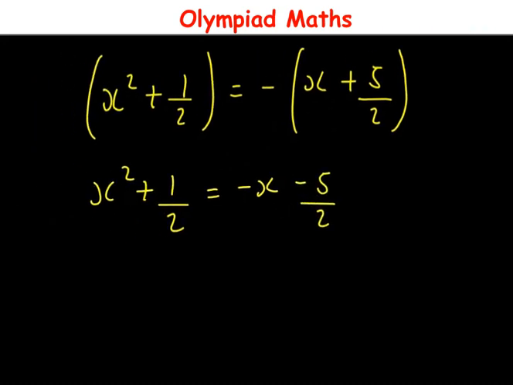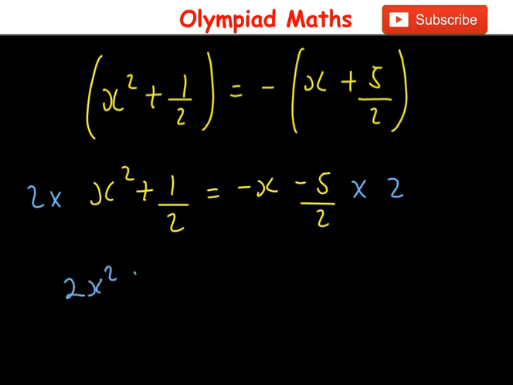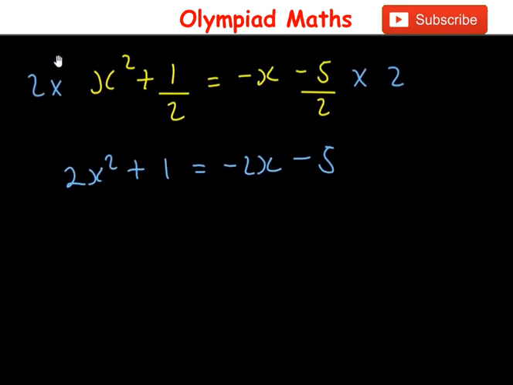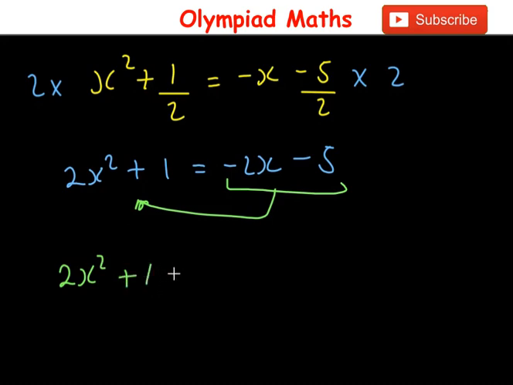So from here, multiply the equation by 2. So 2 times x squared, 2x squared plus 2 times half, 1 equals 2 times minus x, minus 2x, then 2 times minus 5 over 2, minus 5. With this, move this over to this side. We have 2x squared plus 1, then plus 2x plus 5.